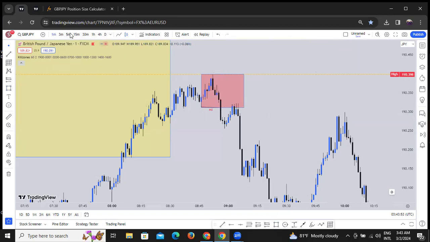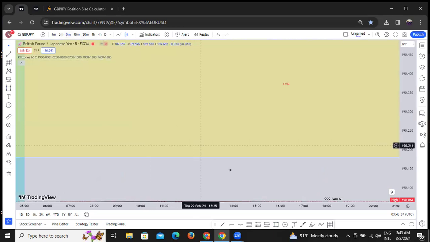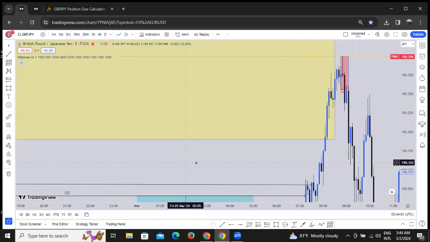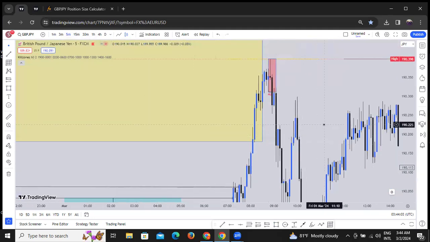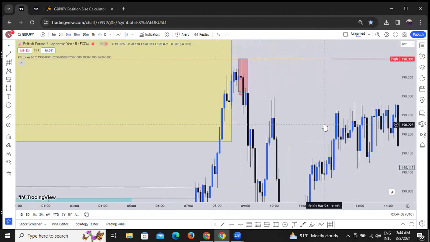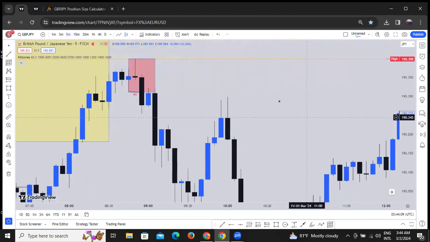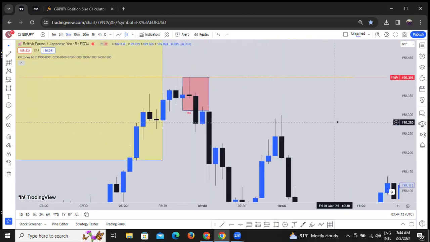So what I do from here is I come to the 5 minute time frame to see if there is any refinement to make. Remember, from here, once I'm in the lower time frame, I can always go back to the higher time frame for refinement.